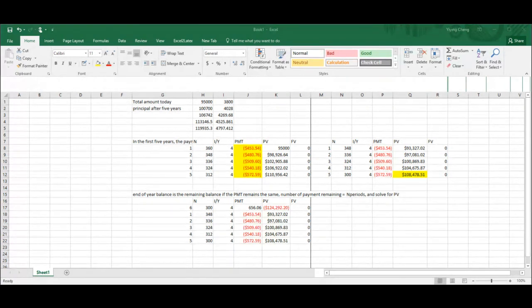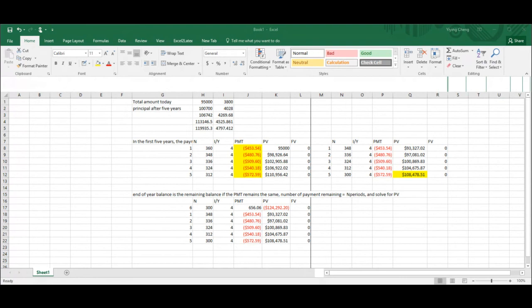So each year we calculate the new payment using the newly updated outstanding balance. Then at the end of the year, we subtract 12 from the number of payments remaining at the beginning of the year, to see how many payments remain in the future. We use that number of remaining payments and this year's newly updated payment to calculate the outstanding balance.